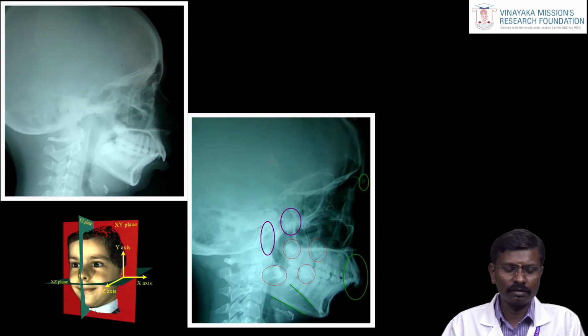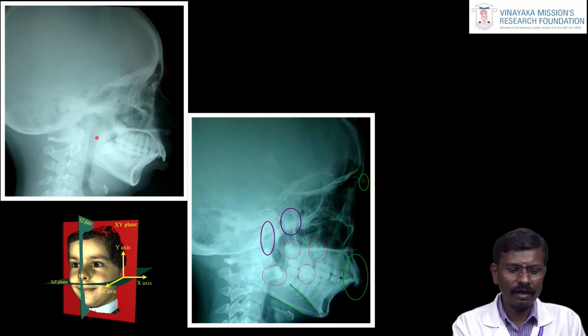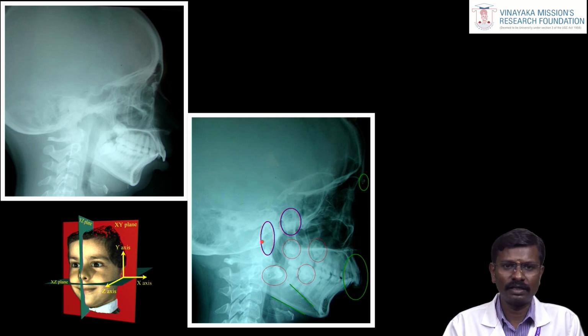If you see this picture here, there won't be any difference in the lower border of the mandible. But here you can see two mandibular borders, two lower third molars, two upper molars and two condyles, because they didn't position the patient properly in the cephalostat.